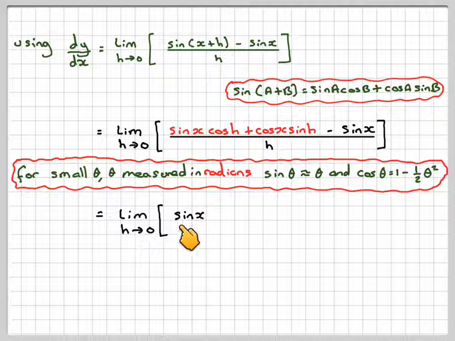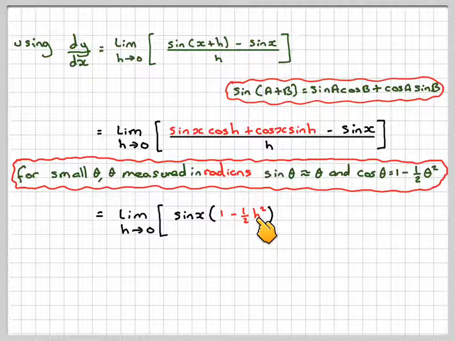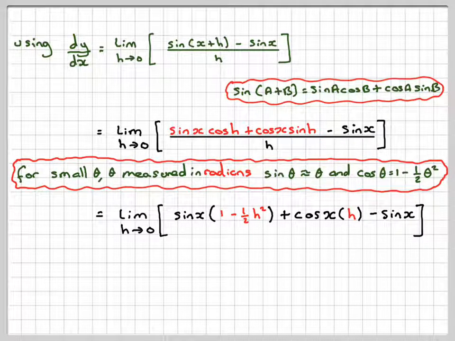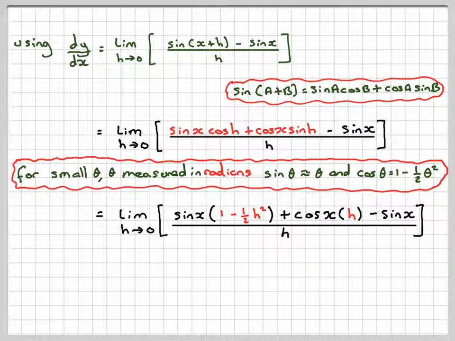So the limit as h goes to 0 will become sine x times cos h, which becomes 1 minus a half h squared, so we're using this one here where theta is equal to h, plus cos x sine h, well, sine h is approximately equal to h for small h. Don't forget to do the minus sine x, all divided by h.